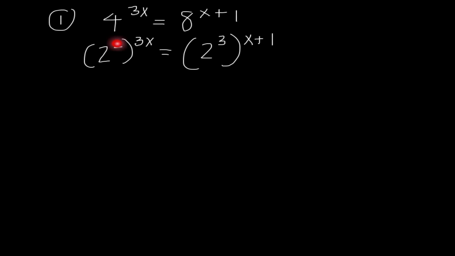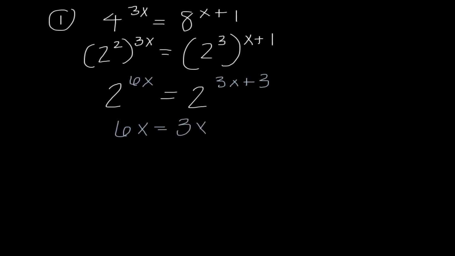Now when I'm taking an exponent to a power, I know I need to multiply, so I get 2 to the 6x power equals 2 to the 3x plus 3 power, because I had to distribute that 3 to both terms in that binomial. So now that my bases are exactly the same, I can go ahead and set those exponents equal to each other. And now I'm going to solve for x.